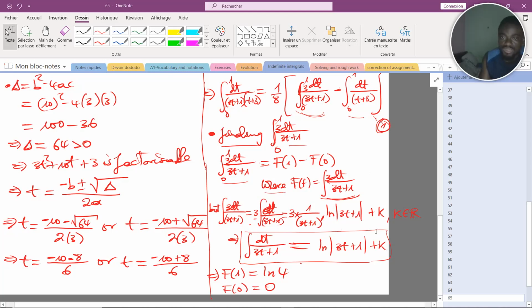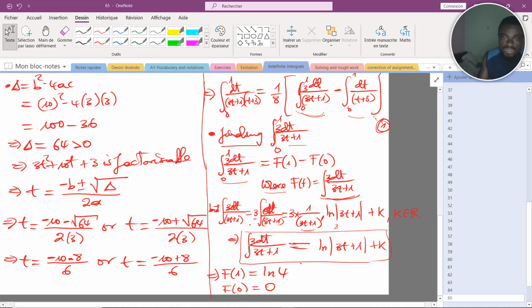Don't forget the constant. Now, when you differentiate this, you are going to have 3. This 3 will go with this 3, because there was a 3 here. So the integral of 3 dt all over 3t plus 1 will be equal to ln of the absolute value of 3t plus 1 plus the constant k.